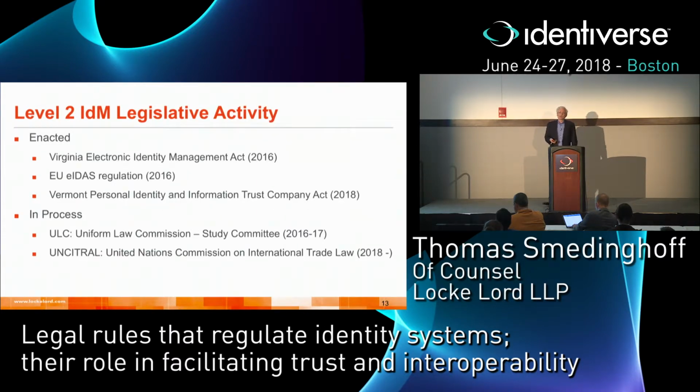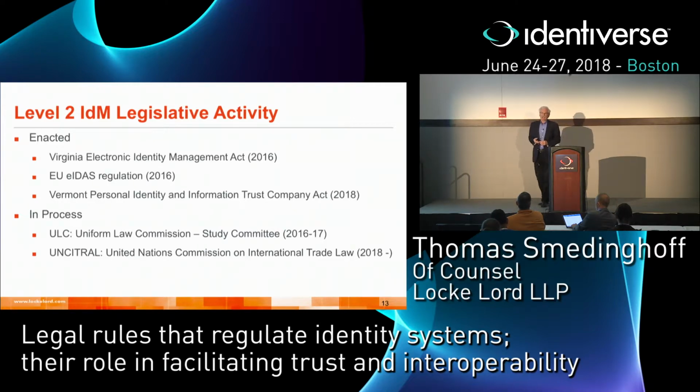But just to give you a very quick snapshot of some of the key initiatives that are currently going on at level 2 with respect to identity systems, perhaps one of the most notable in the US is the Virginia Electronic Identity Management Act. It has a very limited purpose. It's designed to address the question, what's my liability?